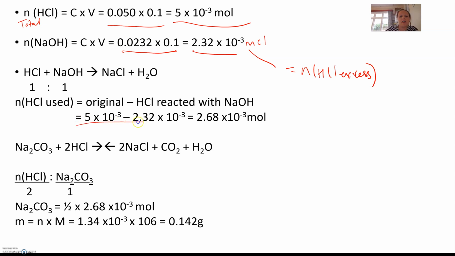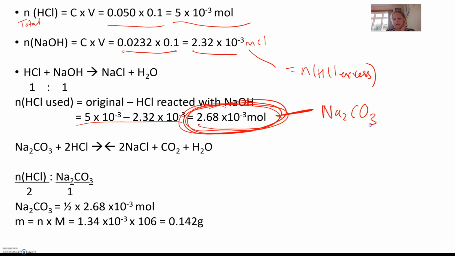And so we do that, 5 minus that, and that tells us how many moles of HCl was left over after the reaction. Oh, sorry, this number of moles here tells us the number of moles that reacted with our sodium carbonate, because that's the number of moles that reacted, that was left over. So if this is the number of moles of the HCl that reacted with the sodium carbonate, we can use it to work out the number of moles of the sodium carbonate, and we can see that it's a 2-to-1 ratio.